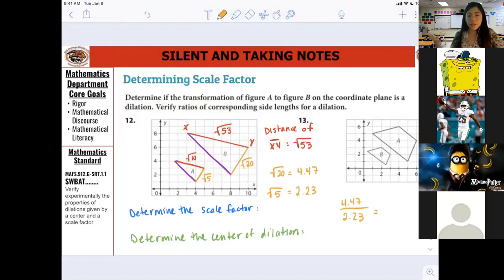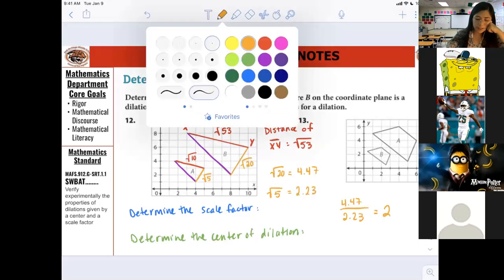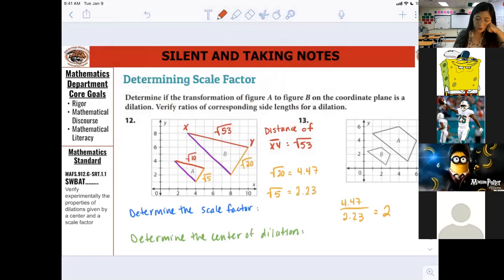Now, since there's other numbers there, that's because when we decided to make this to the nearest hundredth, obviously that number is actually a lot longer. So we're cutting it down a little bit, which isn't going to give us a perfect answer in the end, but you can round it to 2. So the scale factor is 2. Now, my red distances should also be 2. Should, but let's find out.